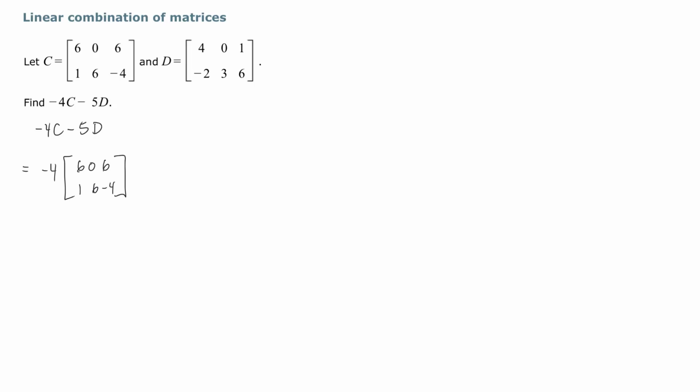Then we're going to subtract 5 scalar multiplied to the matrix 4, 0, 1, -2, 3, 6.